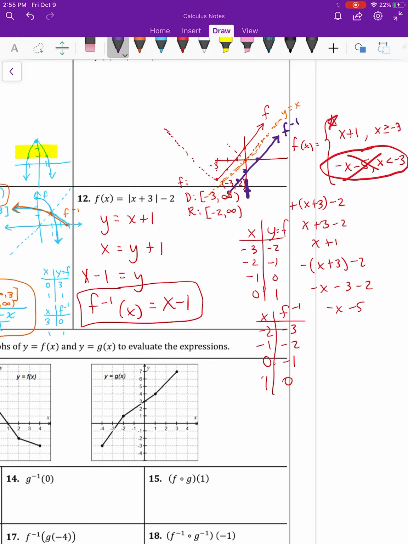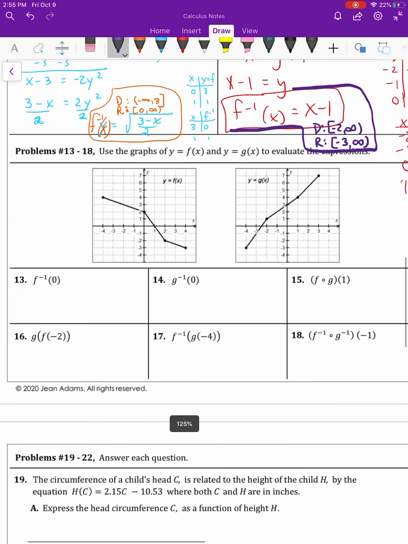So for F inverse, our domain is -2 to infinity, and our range will be -3 to infinity. So you can see how the F domain and range swapped with the F inverse domain and range. Okay? And that's how I would solve number 12.